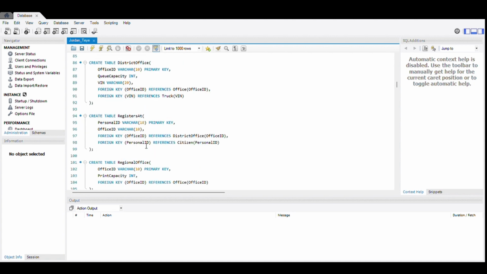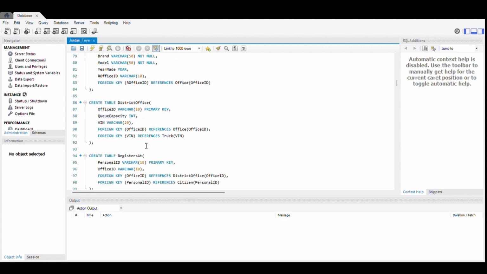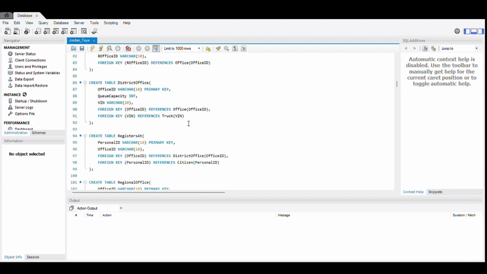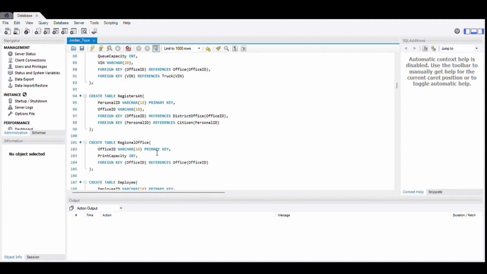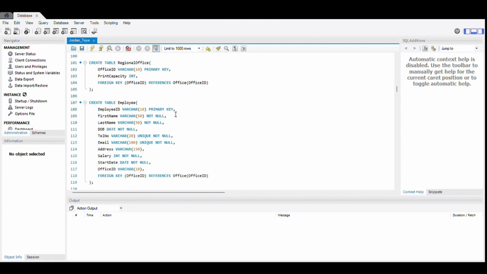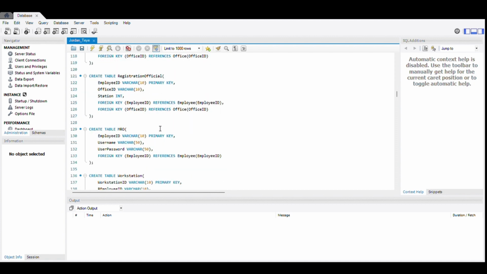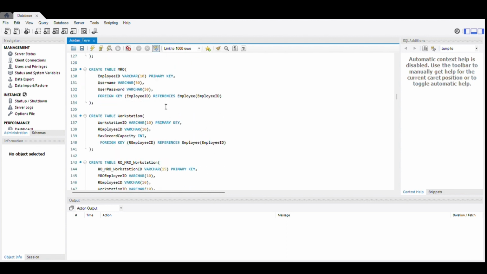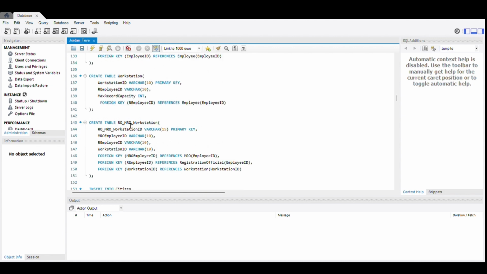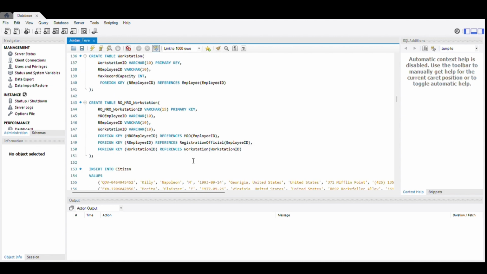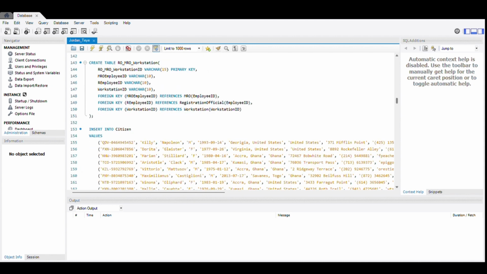And then we have the district office, and then the registers at table, which was as a result of the relationship between the citizens table and the district office table. And we have regional office employee, we have registration official, MRO, which is the mobile registration officer. And we have workstation, RO, MRO workstation. And then here we have all the insert statements.